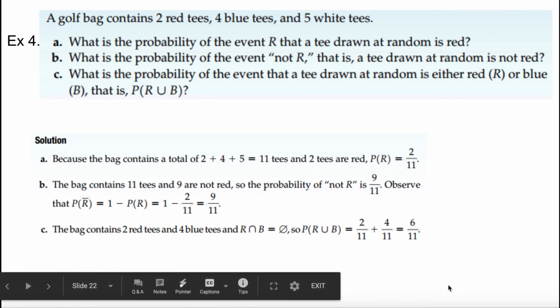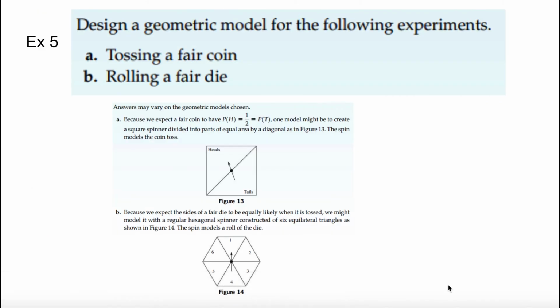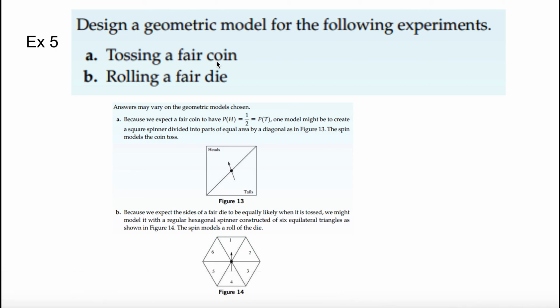Okay, all right. You can design a geometric model for the following experiment: tossing a fair coin. Think about it. A coin has either head or tail. So you need to have exactly 1/2 and 1/2. If you need to design a spinner for that, you can have 1/2 and 1/2. This is one model that I can draw.